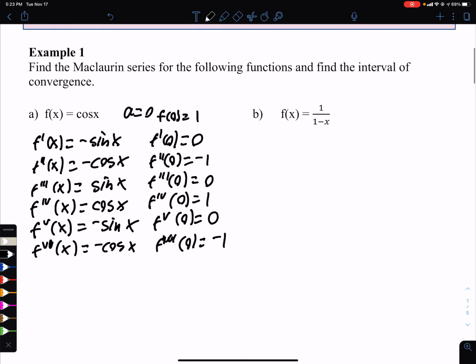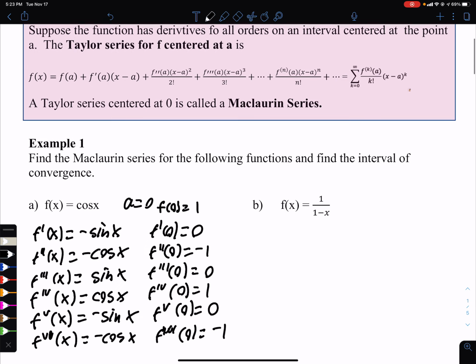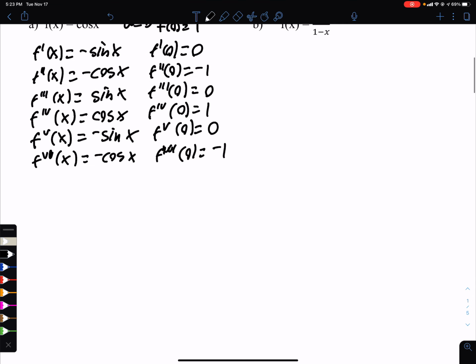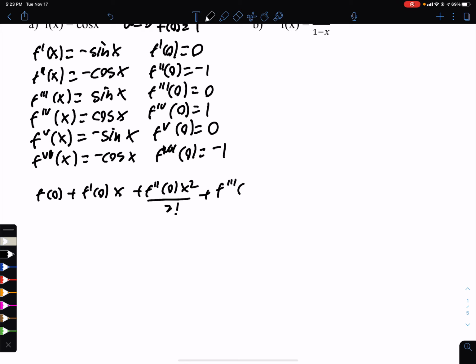So let's build this. I'll just write it out. And we have to find the interval of convergence, so I might have to do some erasing, but we're good. So it's going to be f of 0 plus f prime of 0 x plus f double prime 0 x squared over 2 factorial, f triple prime 0 x cubed over 3 factorial, and then the fourth derivative times x to the fourth over 4 factorial.